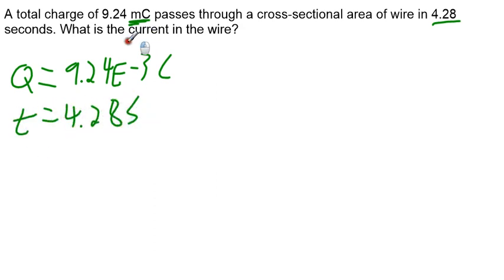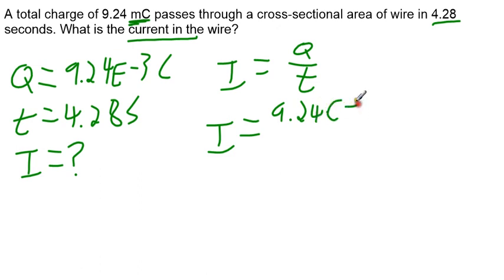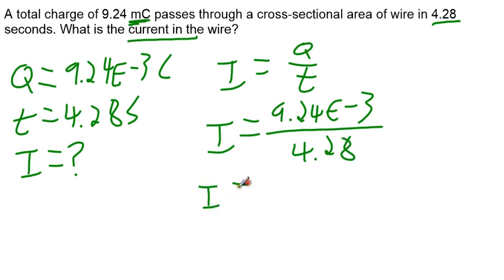And we are looking for the current. We're looking for the I. So we know I is equal to Q over T. So we have I is equal to 9.24 e negative 3 over 4.28. So we get a current of 0.00216 amps.